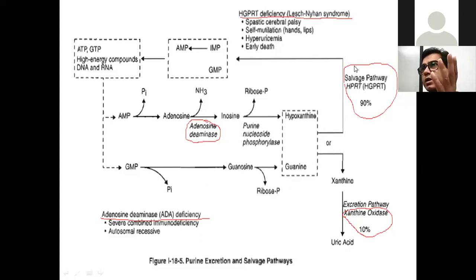By using different sets of enzymes over here. And then particularly the hypoxanthine guanine phosphoribosyl transferase. So 90% of this AMP and GMP are being handled this way by the cells.